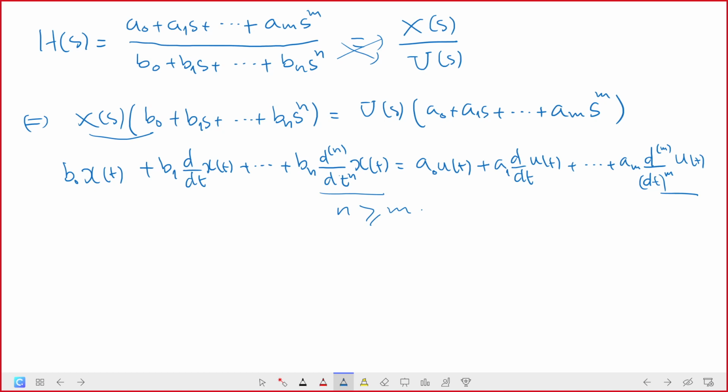So up to this point, are you already familiar with transfer function? If you have any question, please don't hesitate.